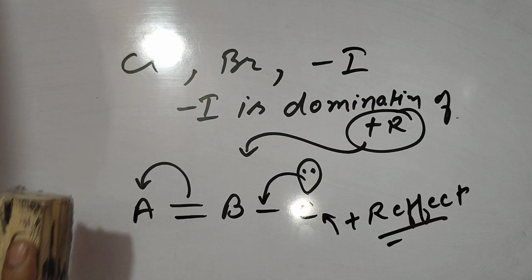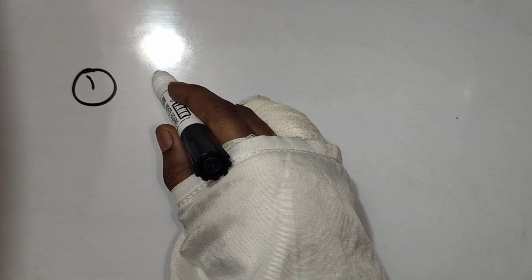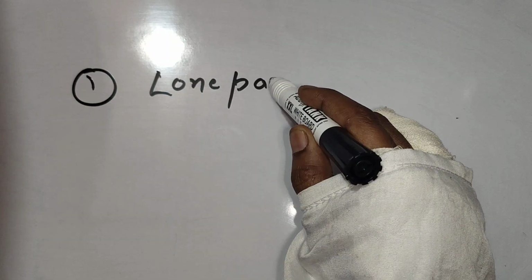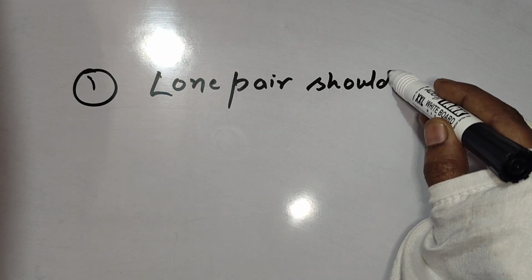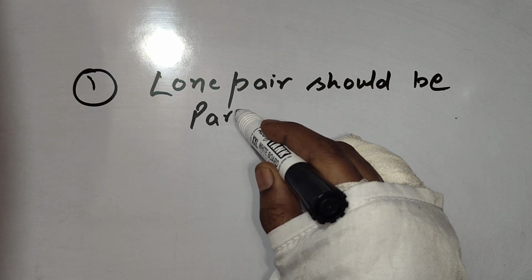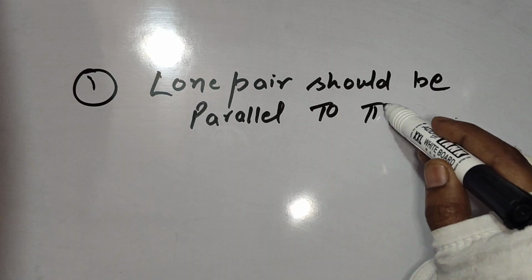Now for resonance, two conditions are important. First condition, the lone pair should be parallel to pi electrons.